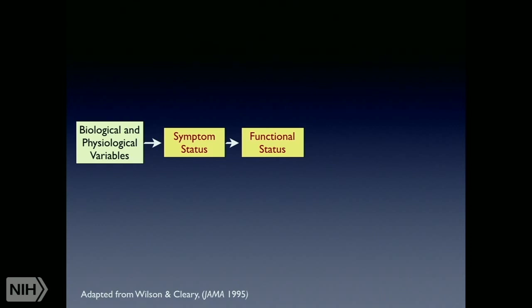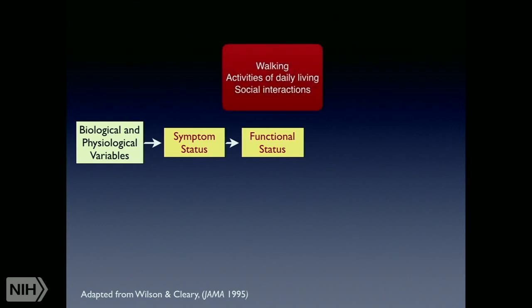And so functional status then is sort of the next step in the causal chain. Might include things like walking or what people refer to as activities of daily living or social interactions. Right? There's all sorts of ways in which the person needs to function during the day that could be compromised by certain symptoms. All right.